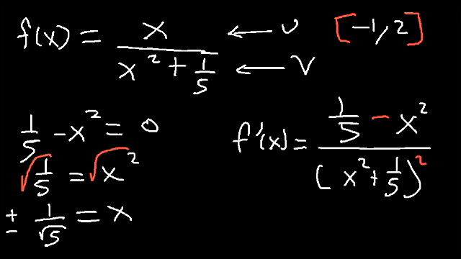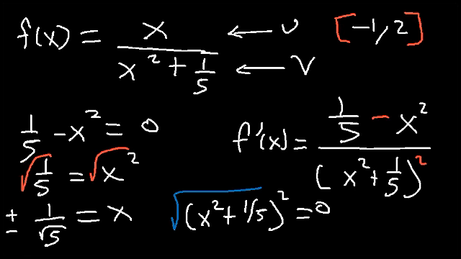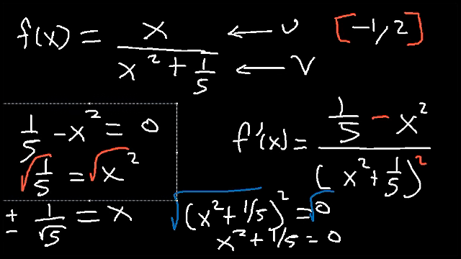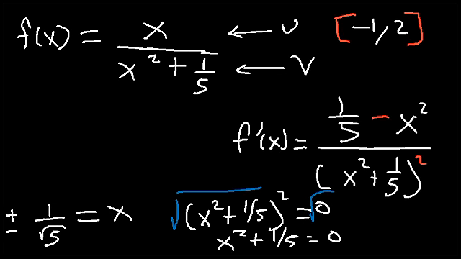Now if we set the denominator equal to 0, we're going to have x squared plus 1/5 is equal to 0. Now if you subtract both sides by 1/5, x squared cannot equal negative 1/5.